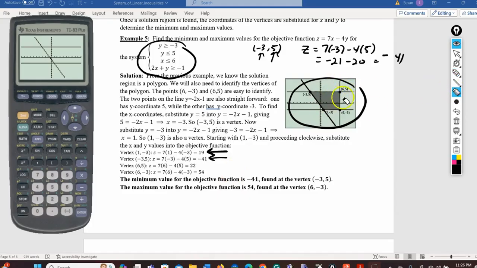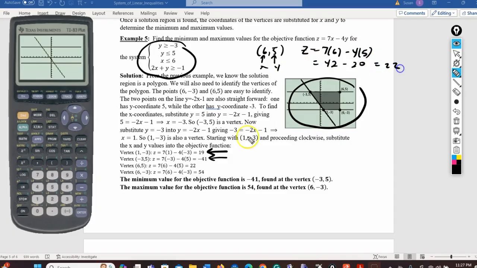And now moving on to the next vertex, which is 6, 5. Then my objective function is going to become 7 times the x value minus 4 times the y value. So it's going to give me 42 minus 20, which is going to be 22.